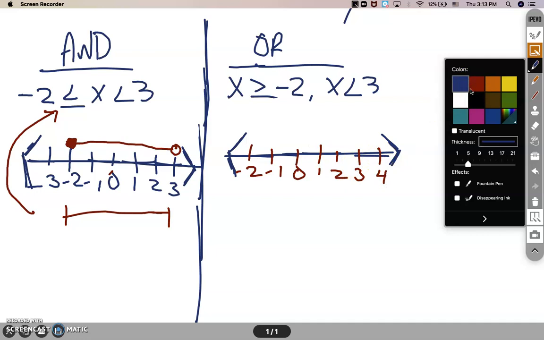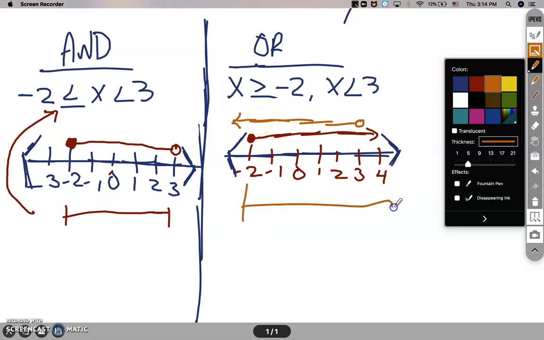Okay, so x is greater than or equal to -2, so I'm going to draw it that way, and then I'm going to use a different color for the other one. x is less than 3, so just less than, not less than or equal to. So there we go, right? I graphed both of these, and this graph would satisfy this inequality as an OR inequality, and this graph would satisfy this inequality as an AND inequality, okay?